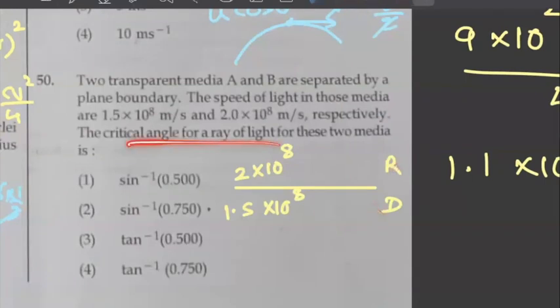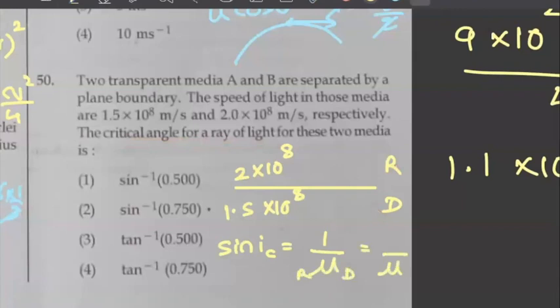So now they want the critical angle. So very nice. Critical angle is sin IC, which is 1 by mu, assuming this mu is of denser with respect to rarer. So I'm going to get mu of denser, mu 2 by mu 1. But mu 2 by mu 1 is nothing but V1 by V2.